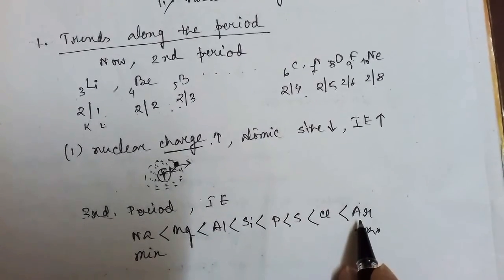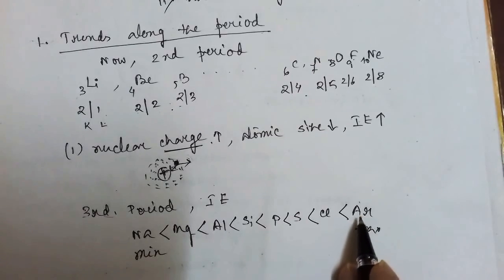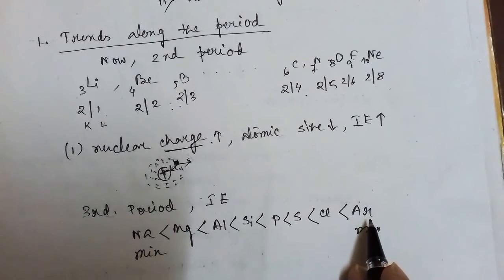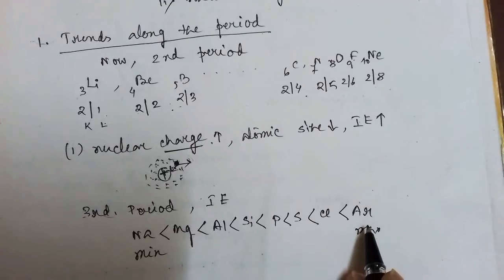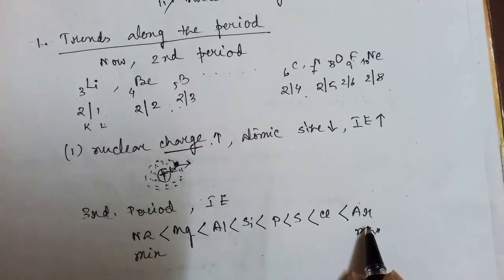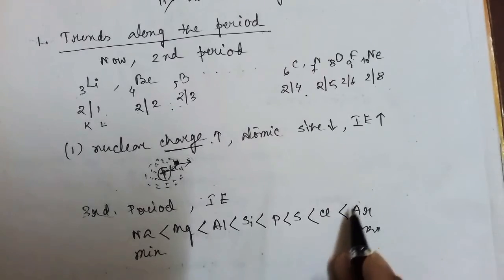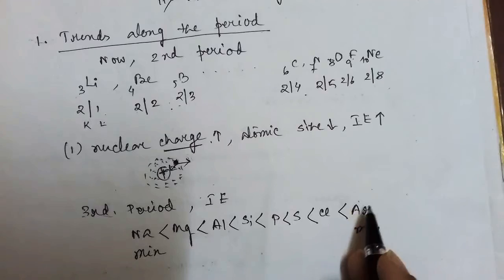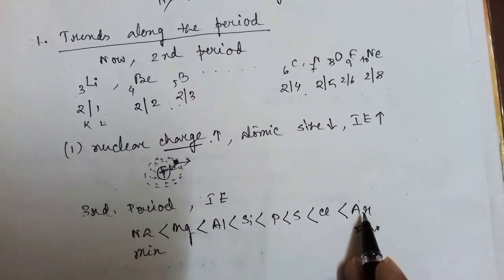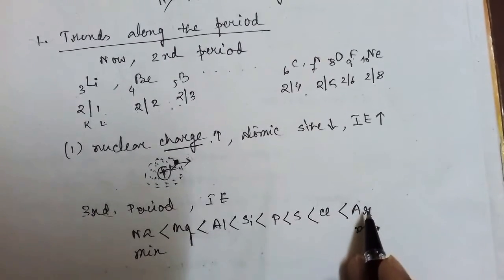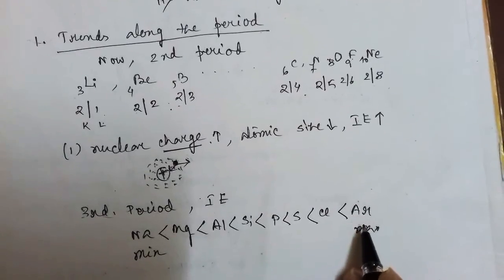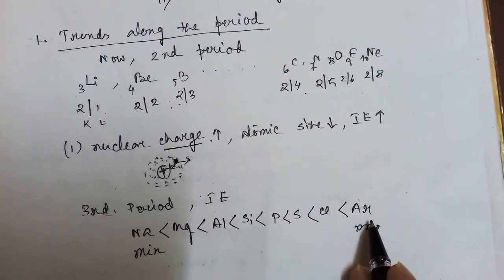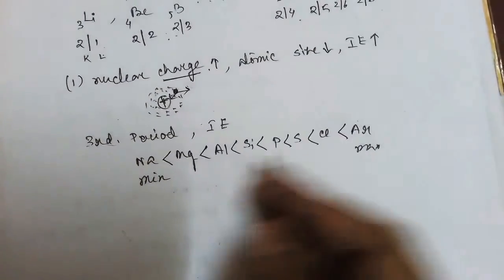When we reach argon, there will be the maximum ionization energy because it has the maximum number of protons in this third period. So it experiences the maximum nuclear charge. So argon has the maximum ionization energy.